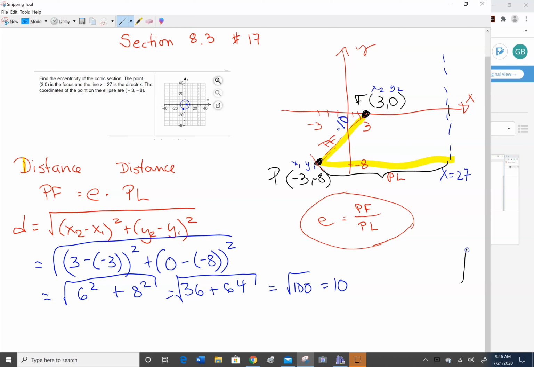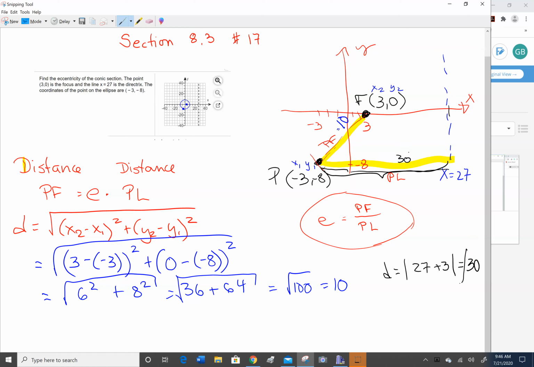If you look at the graph, you can see that the distance is an absolute value, it's positive: 27 minus negative 3. So we can just say 27 plus 3, it's this little piece, and from 0 to 27, which is equal to 30. So the distance from (-3, -8) to x equals 27 is 30.